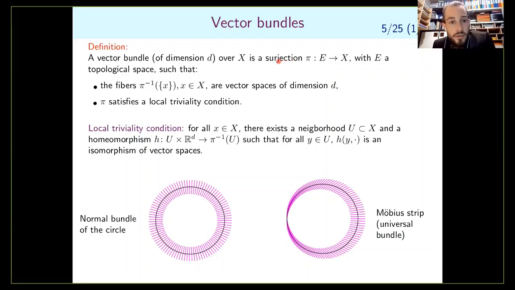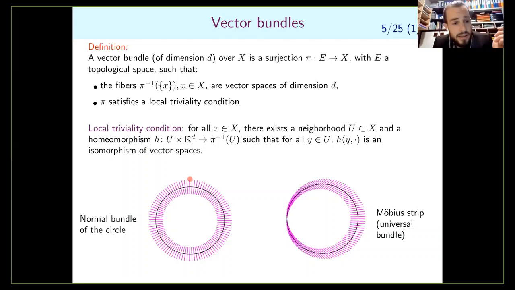And we ask for this surjection to satisfy two properties. First, the fibers, that is the preimages of points of X, have to be endowed with a vector space structure. And moreover, these fibers have to satisfy some local triviality condition.